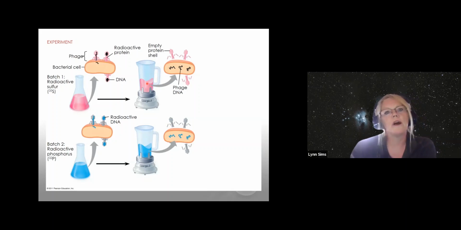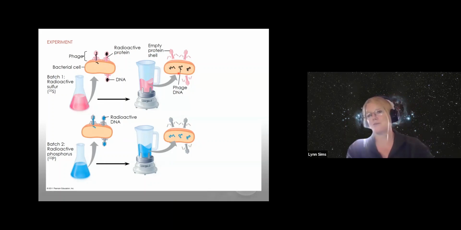So here, if the protein was being transmitted from one generation to the next, then these cells would have radioactive material in them. And then here, these cells would have it if it was DNA.